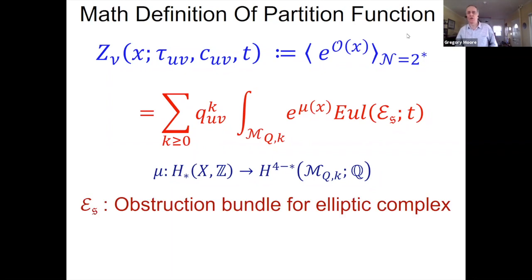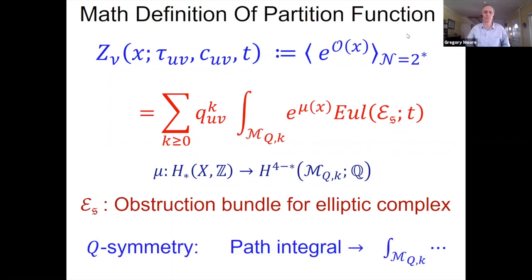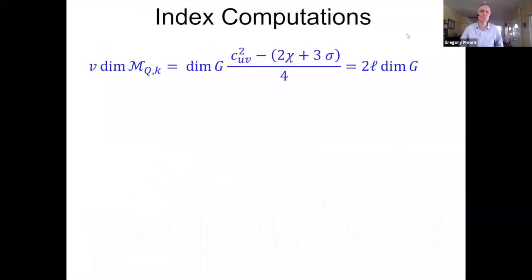And then an Euler character, or actually an equivariant Euler character of a bundle associated to those differential equations. The standard argument for why this is true is that the path integral has a Q symmetry. So the path integral is an infinite dimensional Thom class, which localizes onto this finite dimensional moduli space of solutions of the monopole equations.